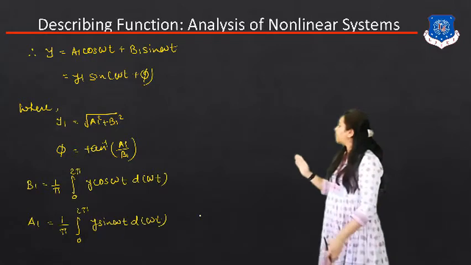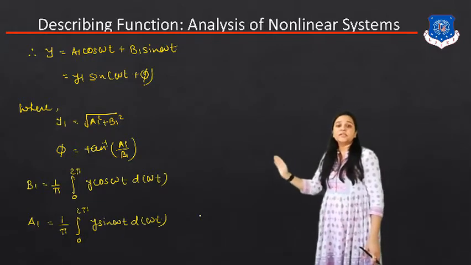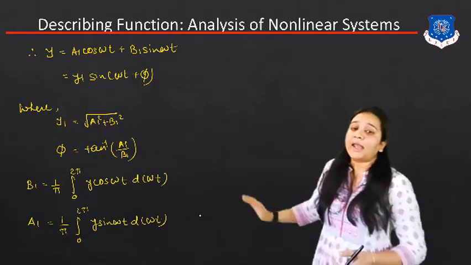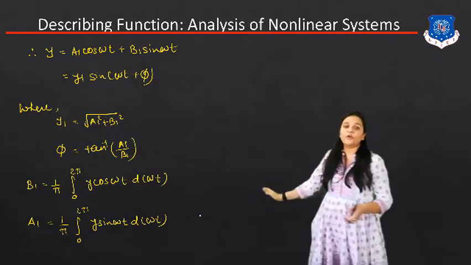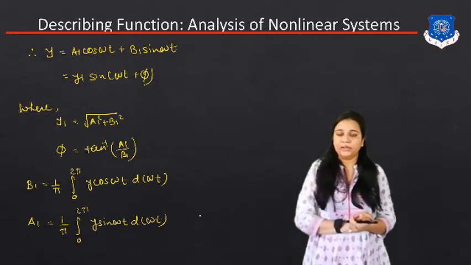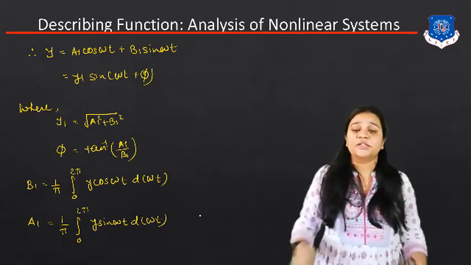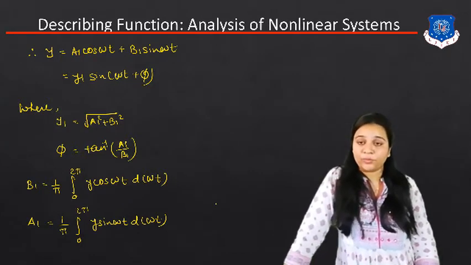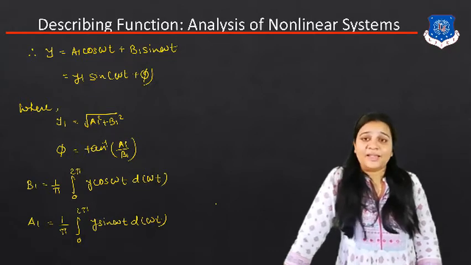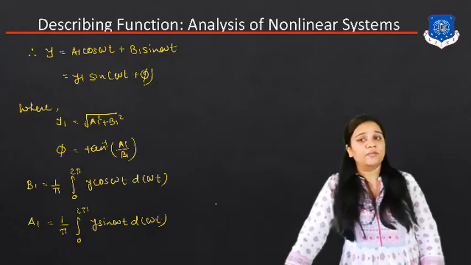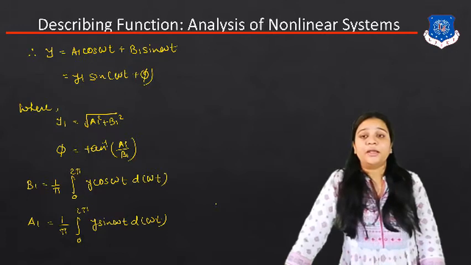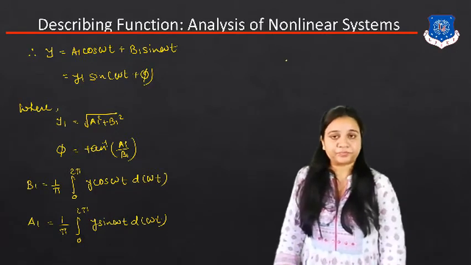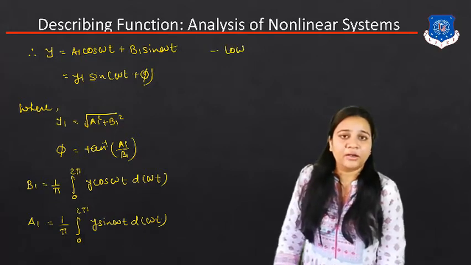So b1 is equal to 1 by π times the integration from 0 to 2π of y cos ωt d(ωt), and a1 is equal to 1 by π times the integration from 0 to 2π of y sin ωt d(ωt). The solution of this a1 and b1 is given in the textbook, so you have to refer to it, but in the exam you have to simply write the equation of the output y depending upon a1 and b1, and here we have just considered the low pass filter components.